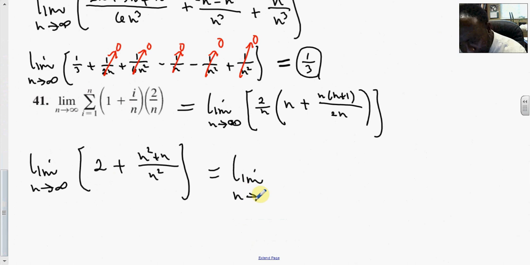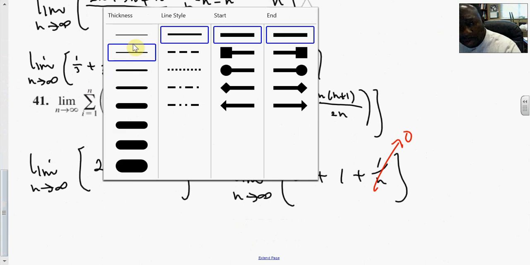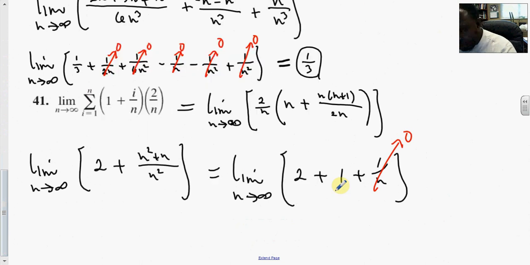The limit as n goes to infinity. Well, that constant stays the same. The limit of a constant is a constant. This is plus n squared divided by n is 1 plus n divided by n squared is 1 over n. We know that 1 over n, that part goes to 0. So we're left with our answer 2 plus 1 is 3.